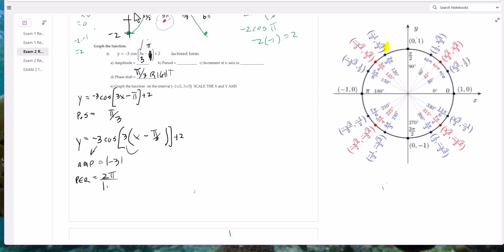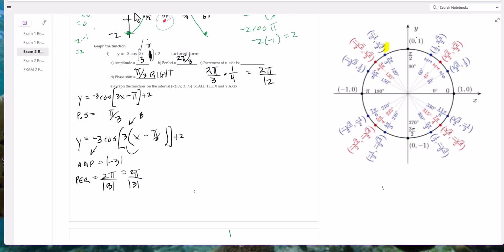So we have 2 pi over 3. So that's our period. And finally, the increment will tell you how to get your x-axis put together. So we're going to do 2 pi over 3 divided by 4, but that's the same as multiplying by a fourth. Multiply the fraction straight across. You're going to get 2 pi over 12, and that reduces to pi over 6.